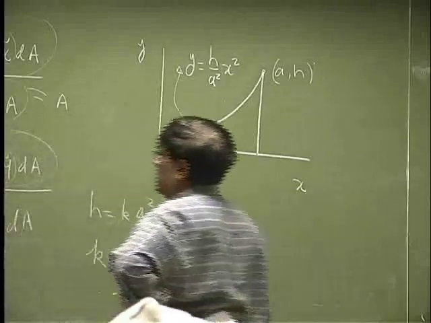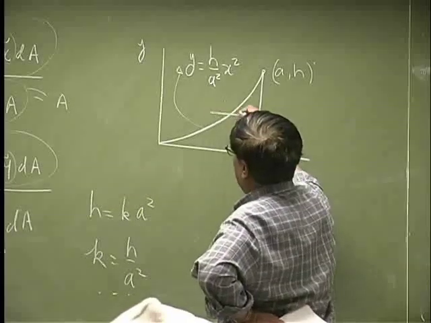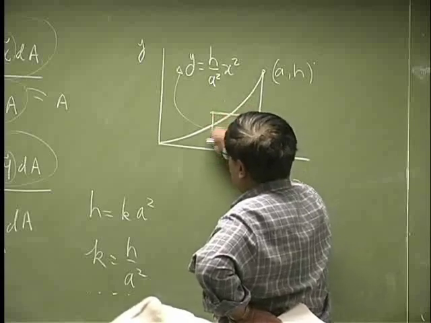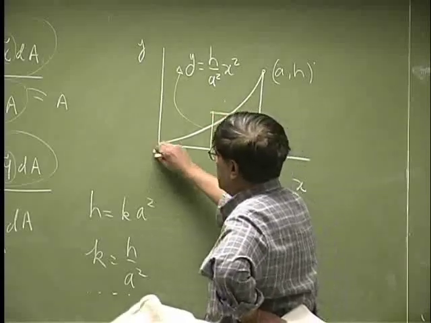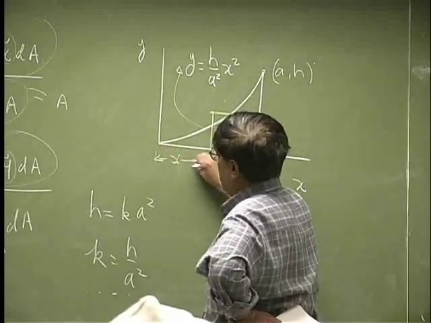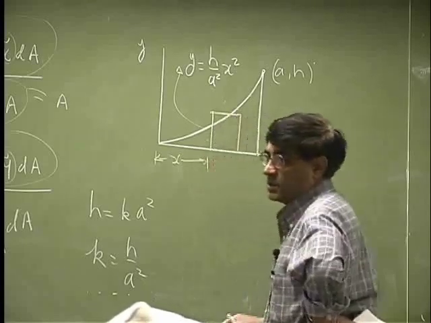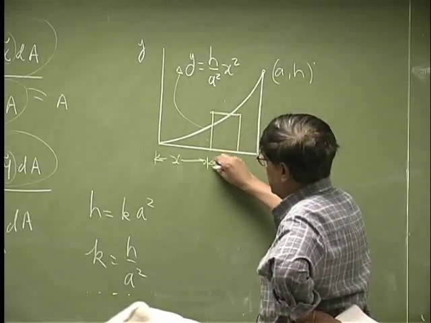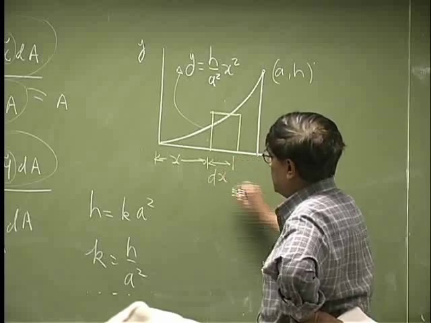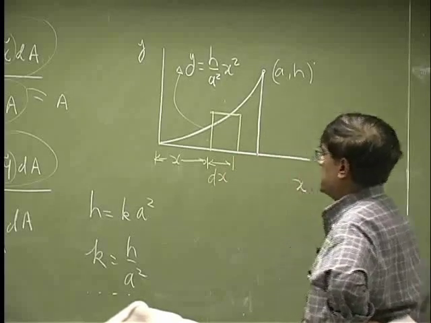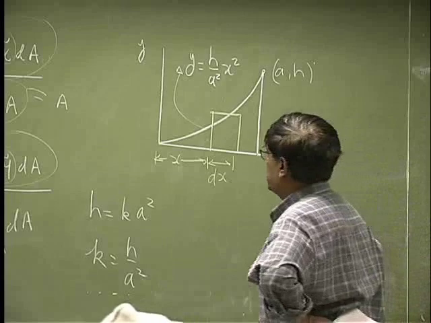Then we pick a small element. I take a rectangle here, and let's take this rectangle as some distance x, and it has a thickness of dx. So that's the rectangle which we choose.